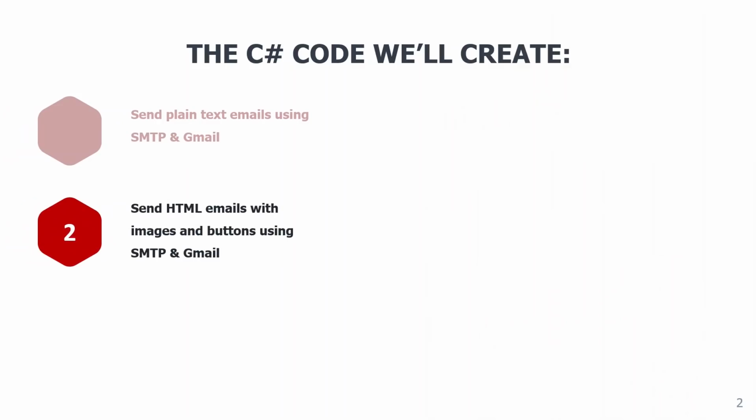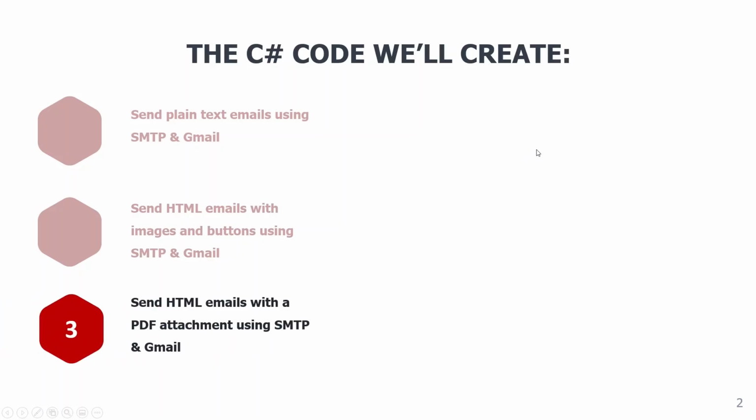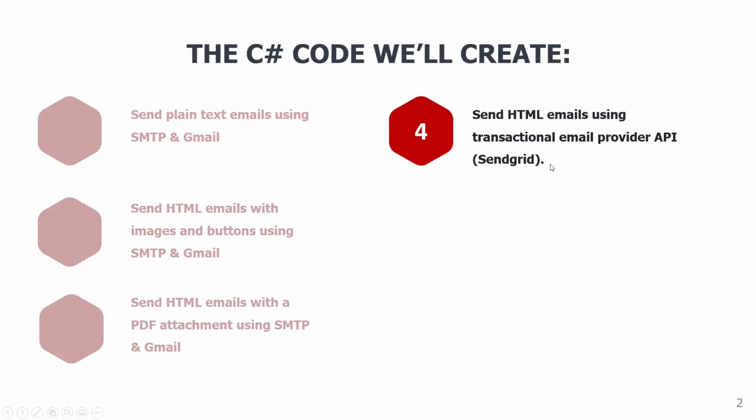2. Send HTML emails with images and buttons using SMTP and your free Gmail account. 3. Send HTML emails with a PDF file attachment using the same SMTP and your free Gmail account. 4. Send emails with images and buttons using a transactional email provider API.